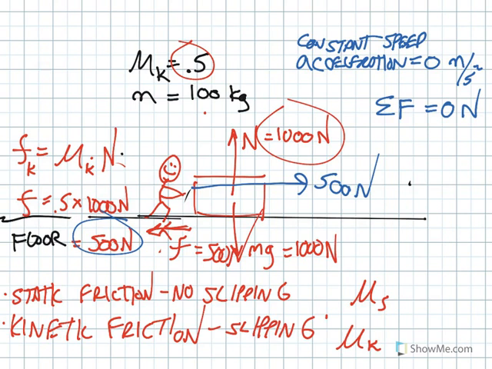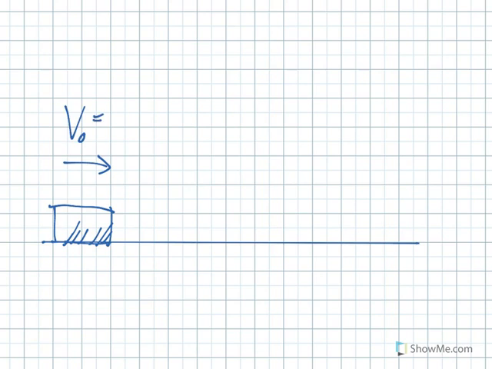So let's do another problem then. I'm going to kick a block across the floor and give it an initial velocity of 5 meters per second.